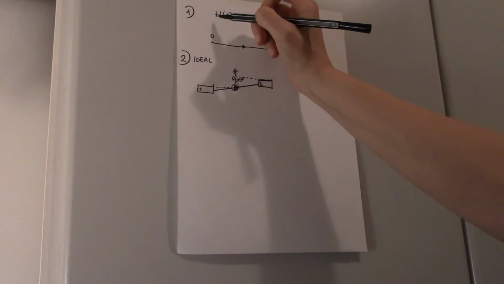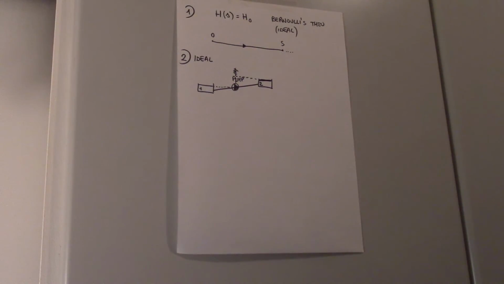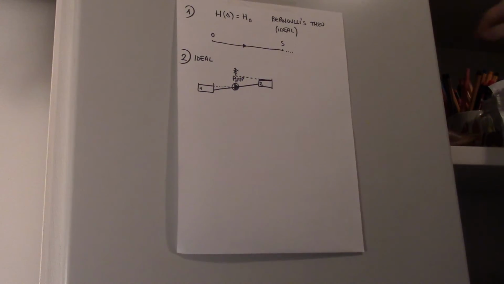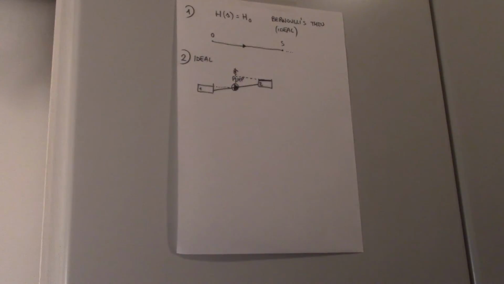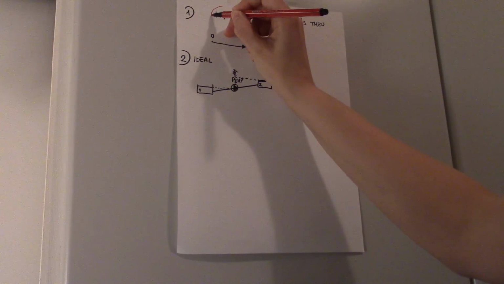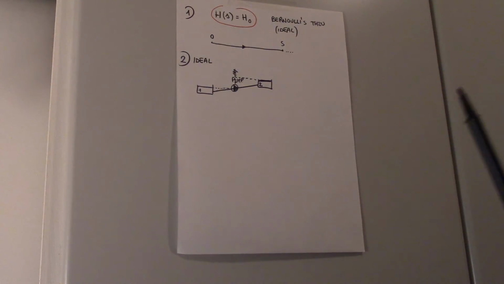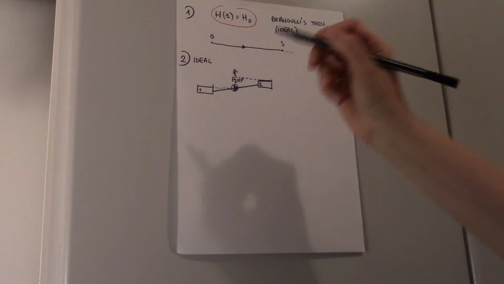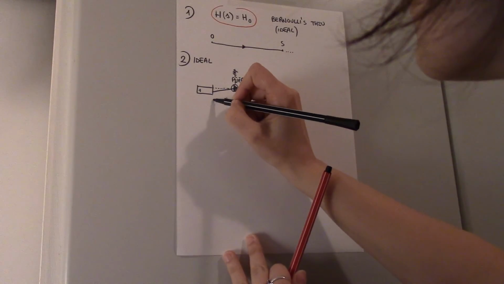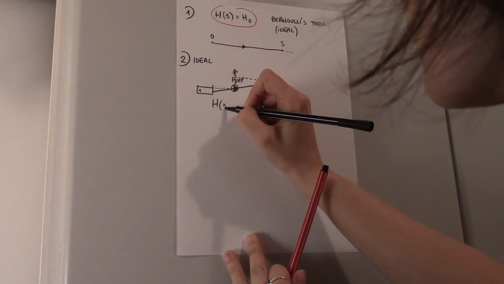So basically this stuff right here, let's try to see it better, is the first part of your Bernoulli theorem, and this part in this way becomes HS.